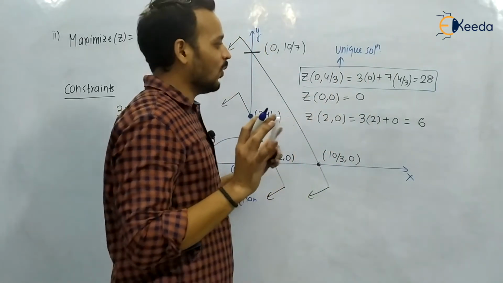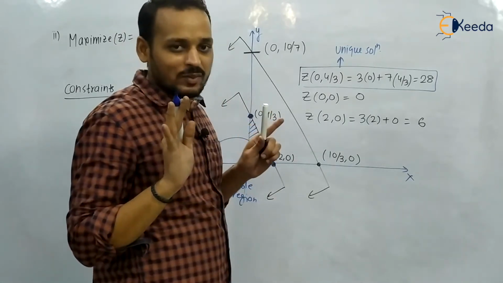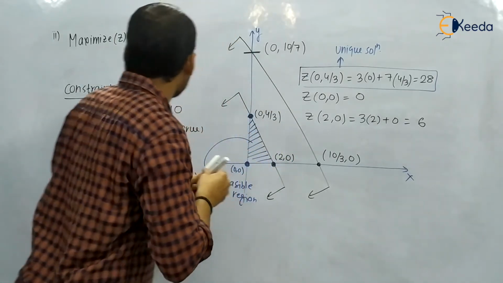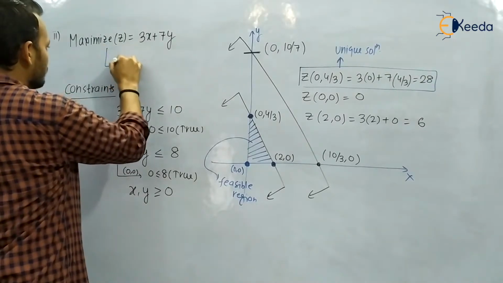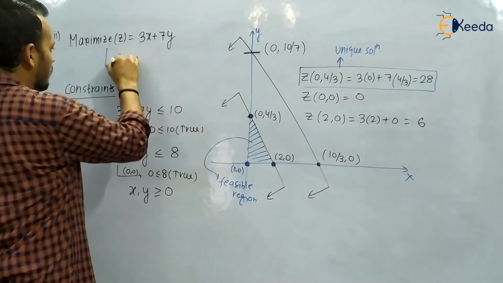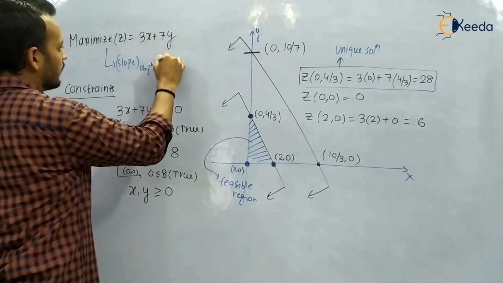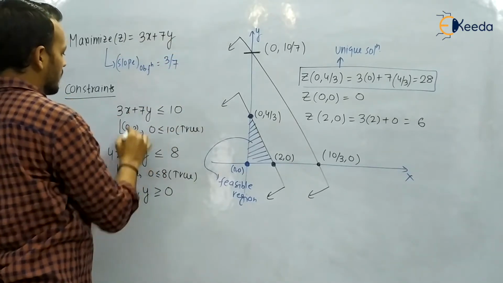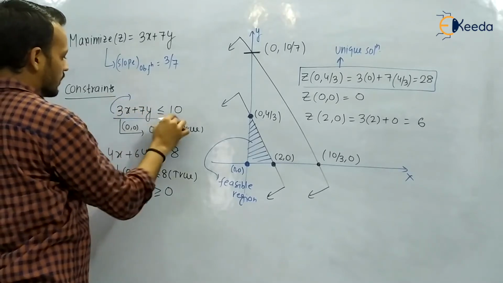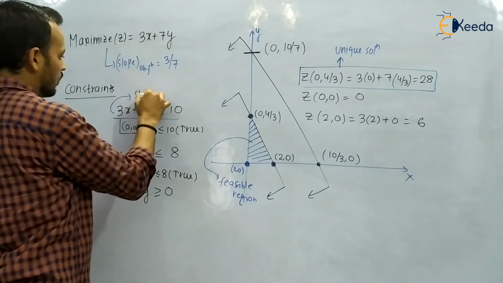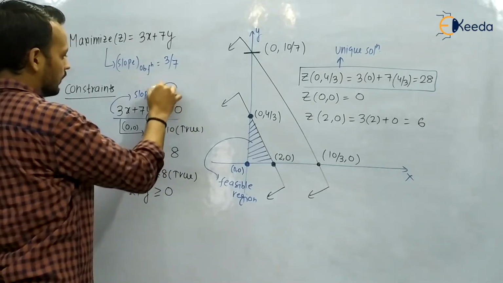Now we will check the slope of the objective function and the slope of the constraints. Here you can see the slope of the objective function: coefficient of x is 3 and coefficient of y is 7, so 3 by 7. And for the first constraint, coefficient of x is 3 and coefficient of y is again 7, so 3 by 7.